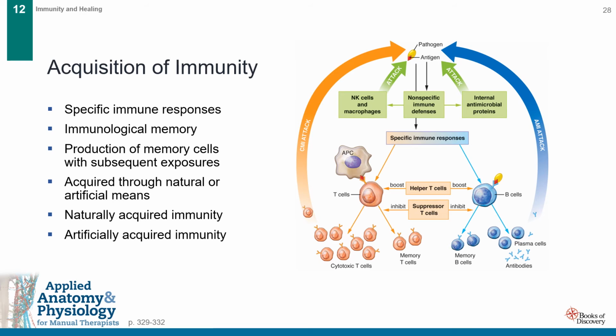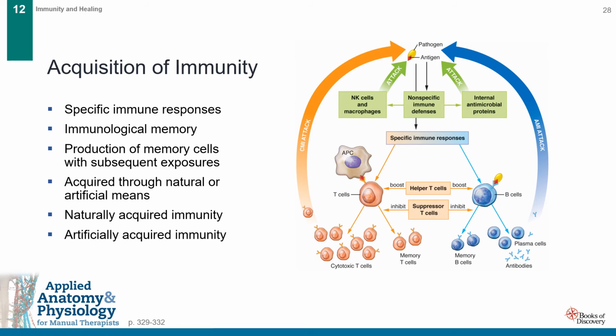These memory cells have the same antigen receptors as the original B or T cell that produced them and can live for decades. Upon subsequent exposure to a particular antigen, the memory cells quickly divide and multiply just like activated B or T cells.